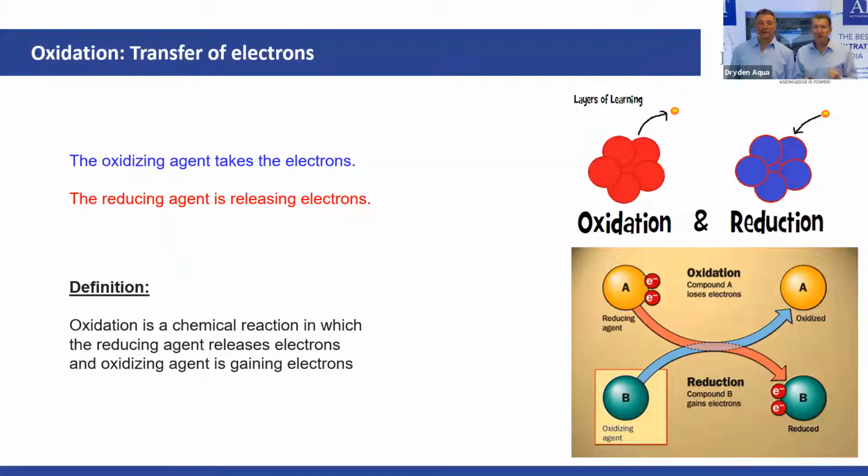So it's looking for an electron, and it finds this in a reducing agent. The reducing agent gives the electron, and this makes it complicated, because an oxidizing agent is reduced, and the reducing agent is oxidized. This is crazy.